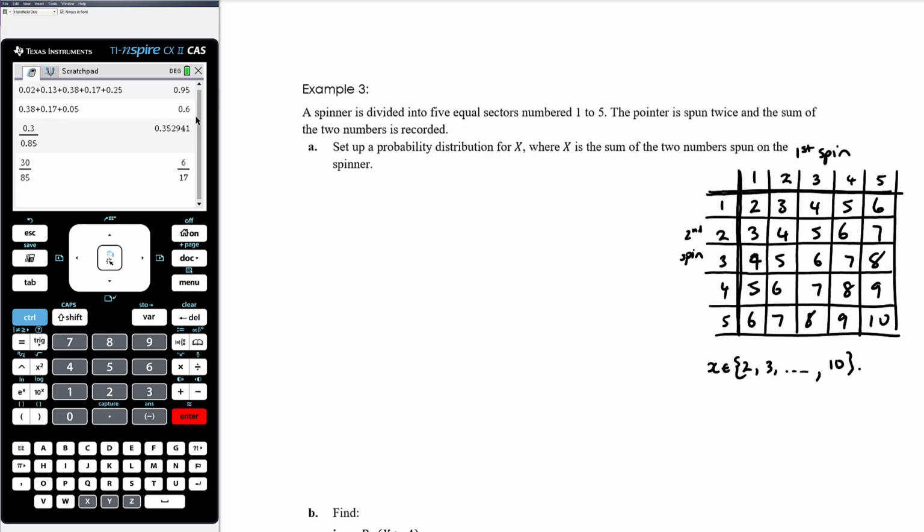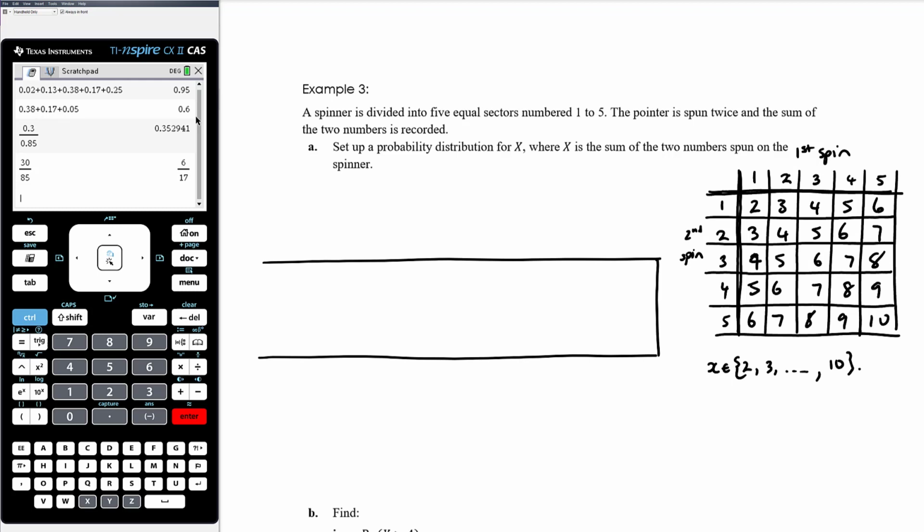2 to 10. Alright, so we're going to have x and p of x, or we can write probability that x equals x here.